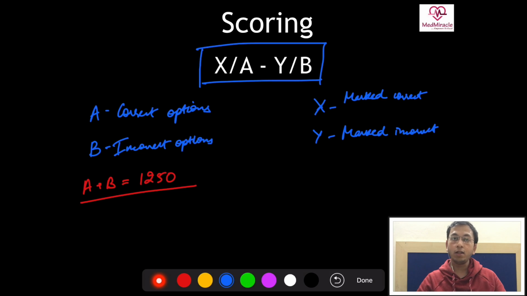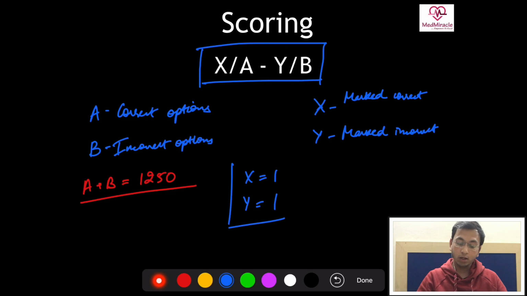To understand the implication of this equation for us, let's take a hypothetical situation in which I have marked only 2 options in the entire exam. One option is correct and the other option is incorrect. So in this scenario, X is equal to 1 and Y is also equal to 1.